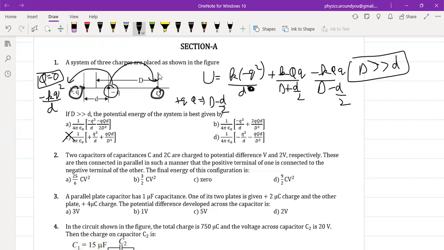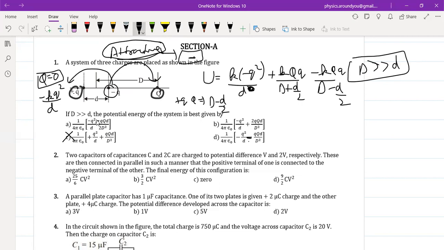So overall, this system is an attractive system because it comprises more pairs which are attractive in nature than repulsive. So its potential energy for any attractive system should have a negative sign. So I would rather favor the minus ones, A or D, since it has overall a negative sign.